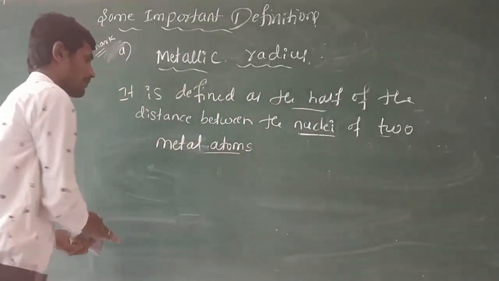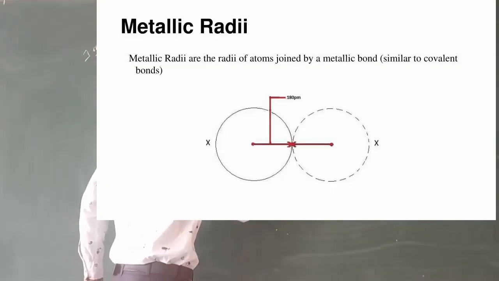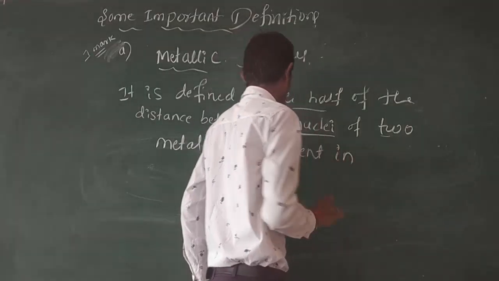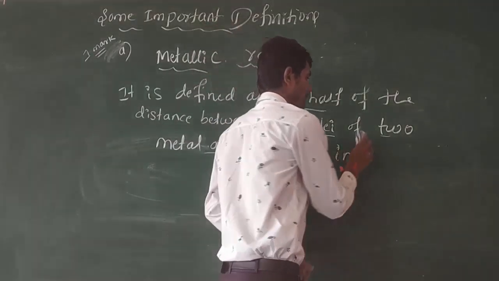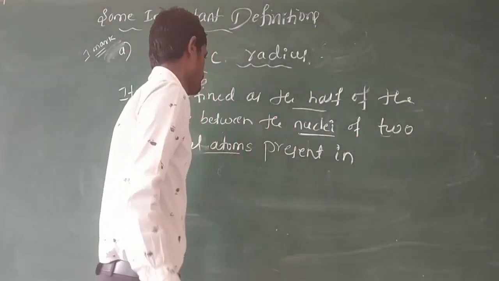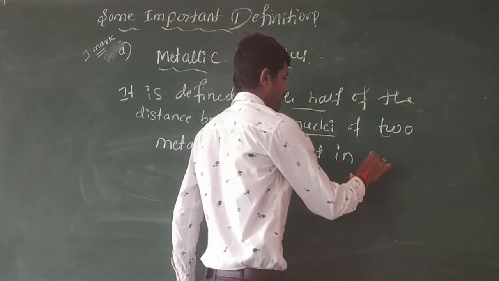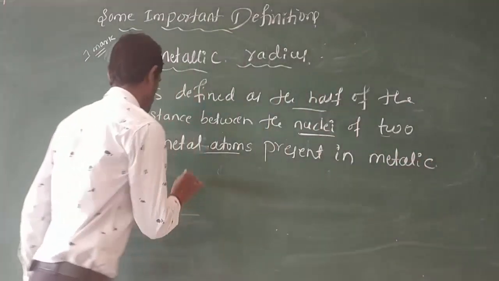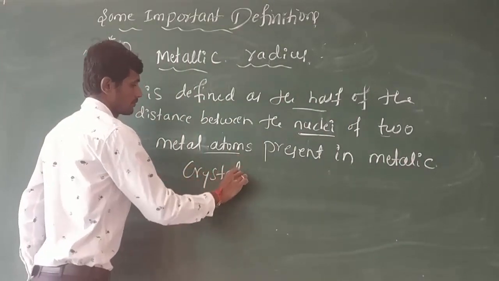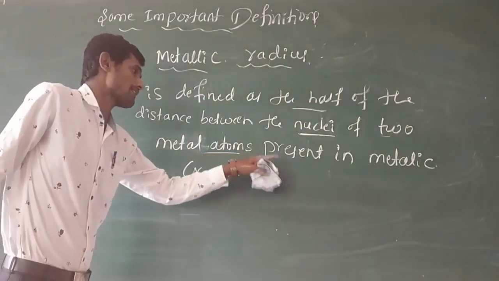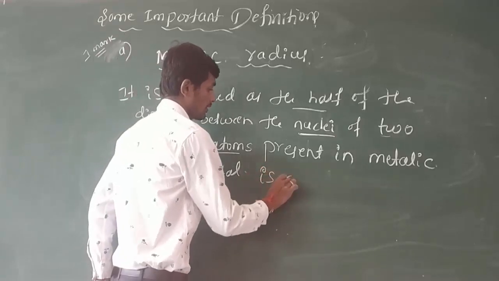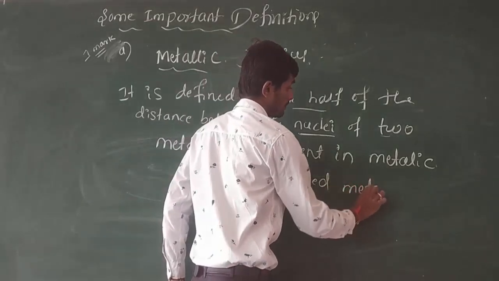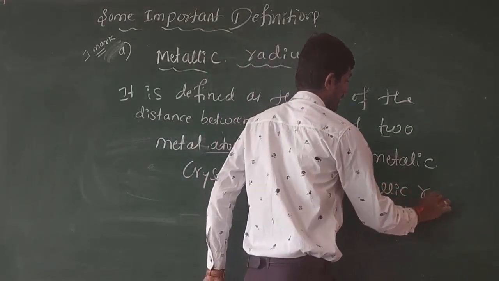Metal atoms present in a metallic crystal is called metallic radius.